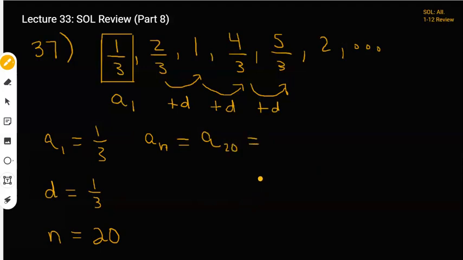So the next thing I'm going to do is figure out what the last term is. What would be the 20th term? I can use the nth term formula, which is A1 plus n minus 1 times d.